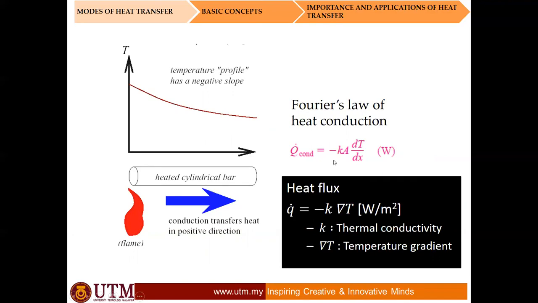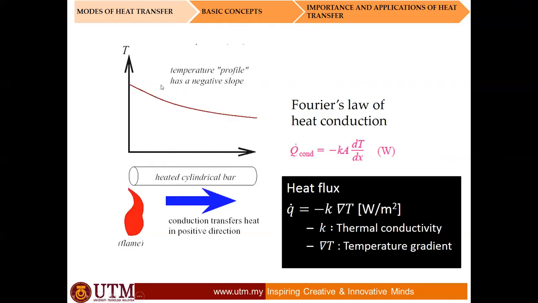Okay, so the question I believe you will raise is why we have a negative sign over here. Heat is a vector quantity, so it has magnitude and it has direction as well. If we decide the heat transfer to the right side to be positive, that's why we have a negative over here, because the temperature profile has a negative slope.